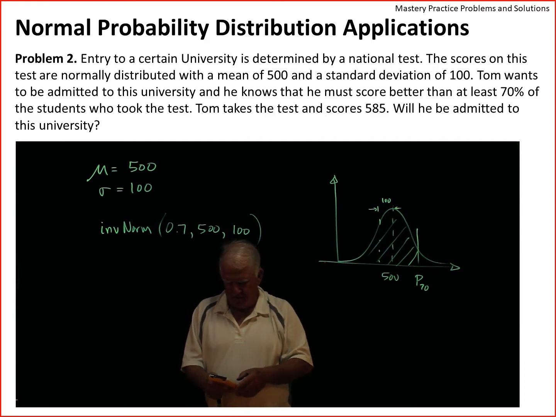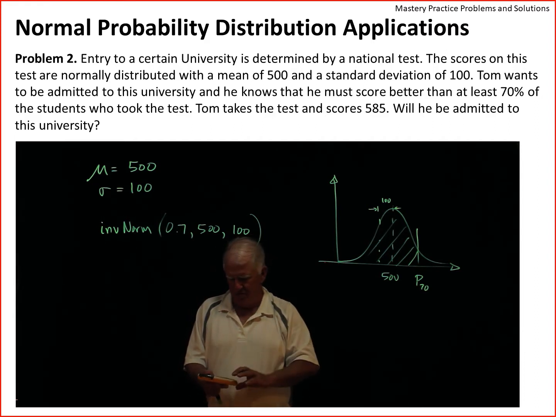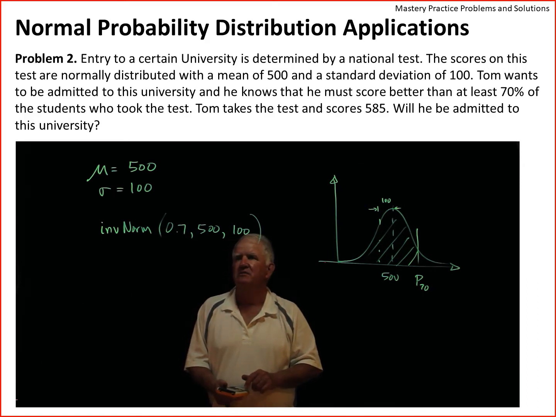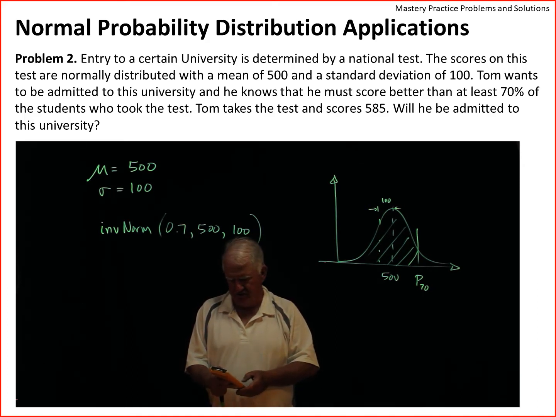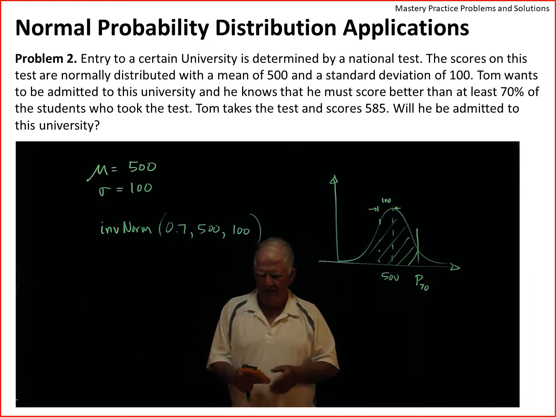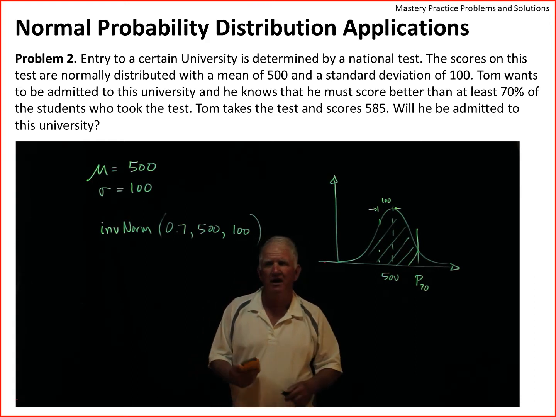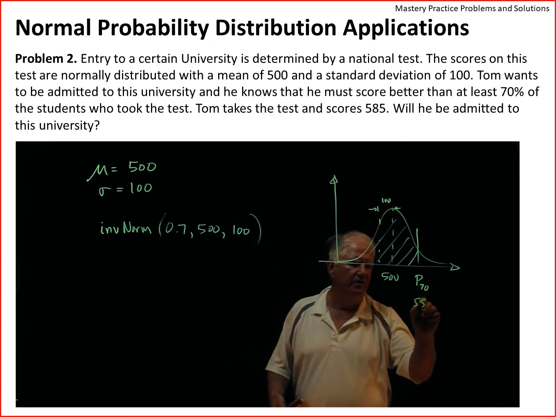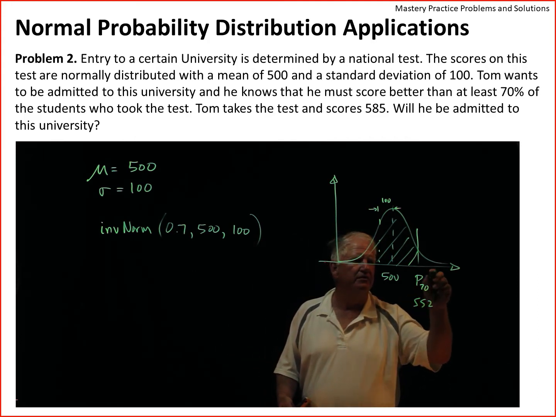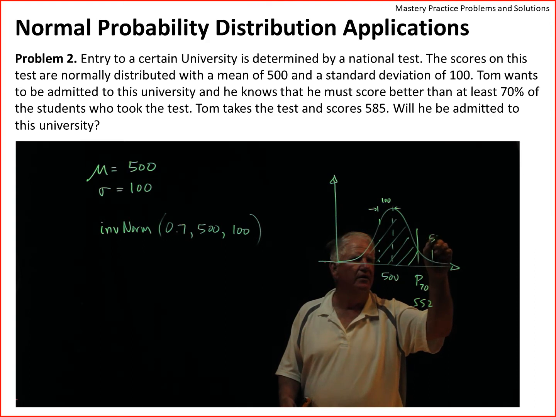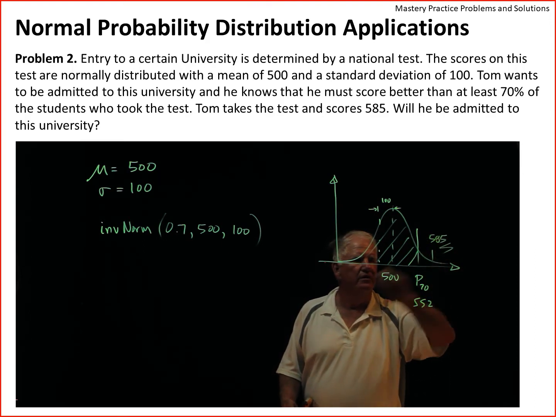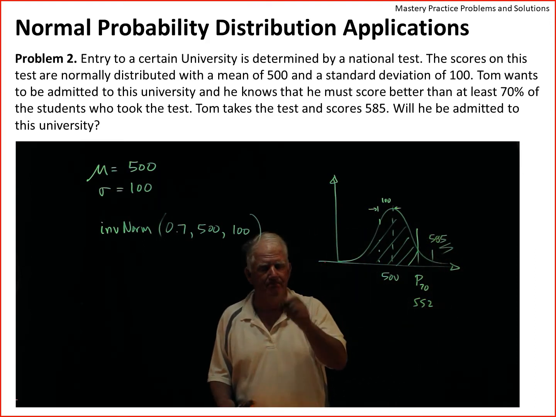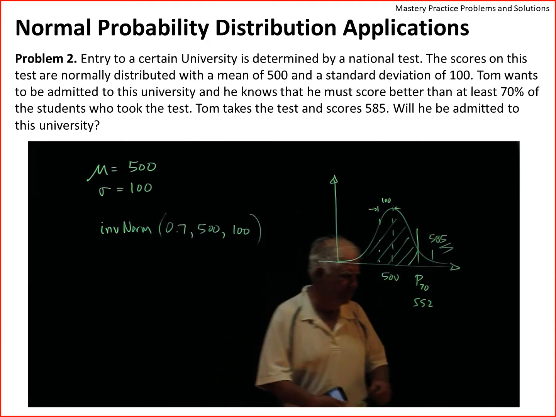This area is 0.7. It asks me what's the mu. The mean is 500. And it asks me what the standard deviation is. It's 100. I paste, I hit it, it says 552. 552 is this answer. He scored 585. Tom's in. Okay, let's go do problem 3.